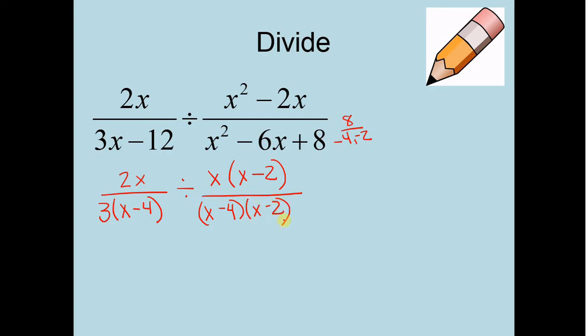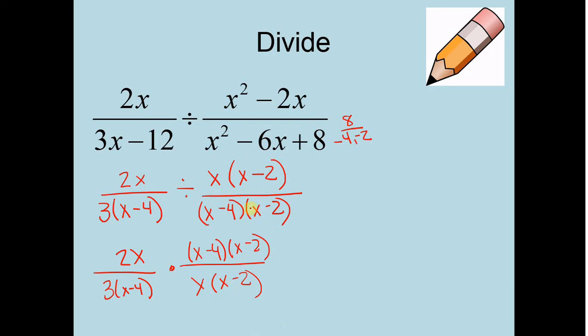Okay, before you even start factoring and crossing stuff off, let's flip that second problem so we can get to multiplication, all right? So we're going to have 2x over 3, x minus 4. Switch to multiplication. And then we're going to have x minus 4, x minus 2 on the top now, over x minus 2.